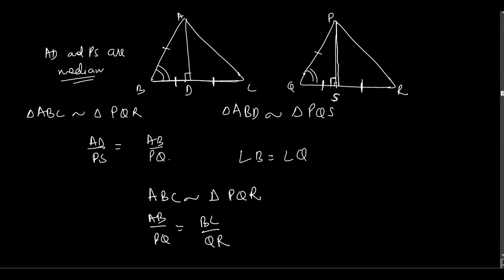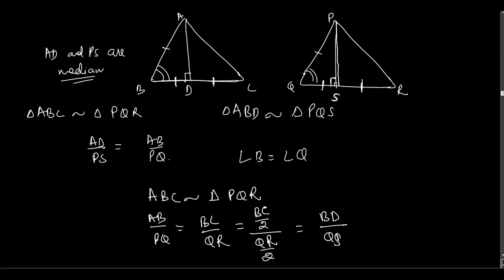Now dividing BC and QR by 2, you can write BC by 2 upon QR by 2. What can I write for BC by 2? If I'm considering AD as median instead of altitude, I can write BD. BC by 2 means BD, and QR by 2 means QS, because when I'm considering this one as median, this S will be the midpoint of side QR, and D will be the midpoint of BC.